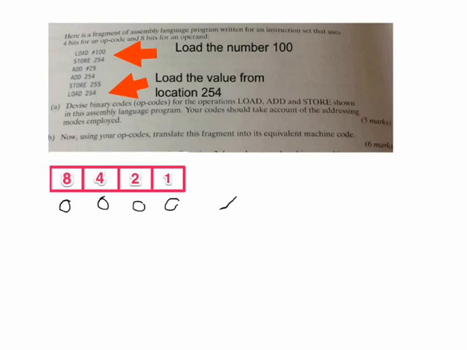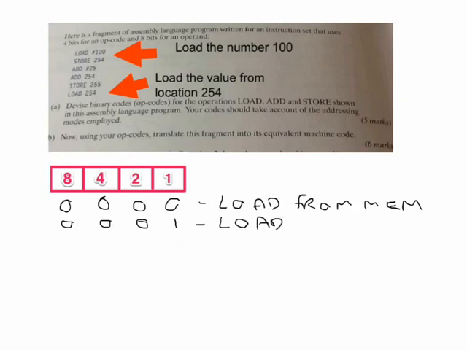That could be a load from memory. And then we might have 0001, which would indicate a load from operand.